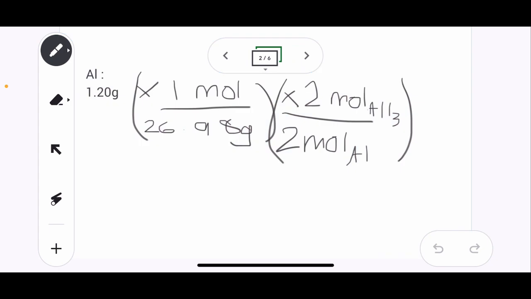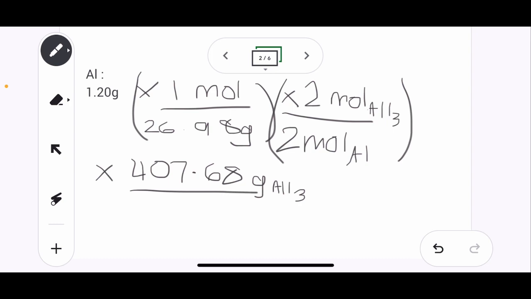And then the last one is the molar mass of the product. So we want to convert the moles to the mass of aluminum iodide. To do that, we're going to put the molar mass of aluminum iodide on the top, which is 407.68 grams of aluminum iodide, and we're going to divide that by 1 mole of aluminum iodide.